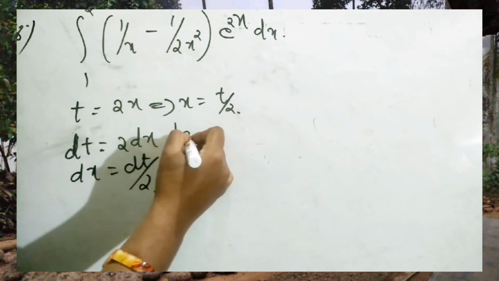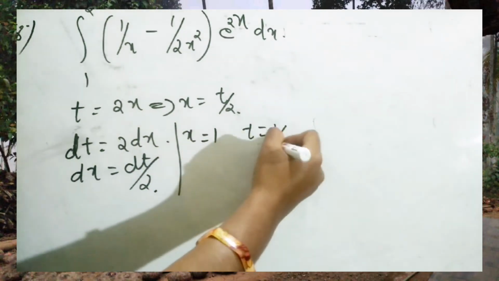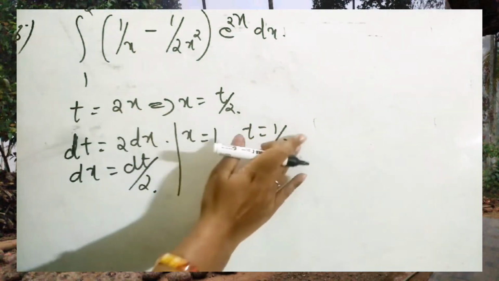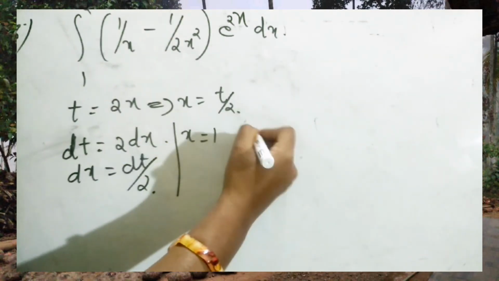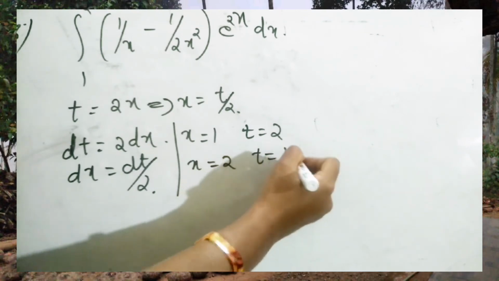Now if x is equal to 1, then t is equal to 2, and if x is equal to 2, then t is equal to 4.